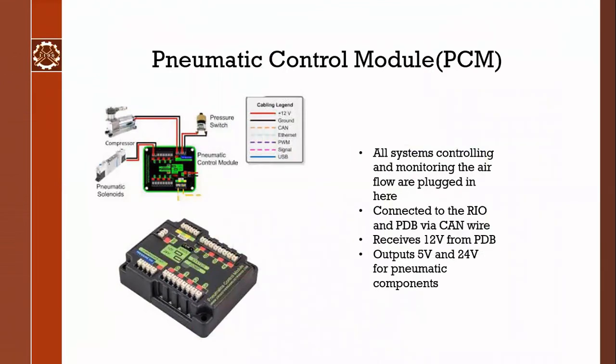The PCM is connected to the Rio and the PDB via CAN wire, as Jason did mention. It receives 12 volts directly from the PDB, but it only outputs 5 volts and 24 volts for pneumatic components, considering that we don't want to fry anything or have it blow up.